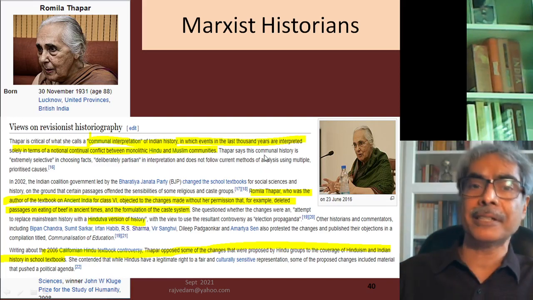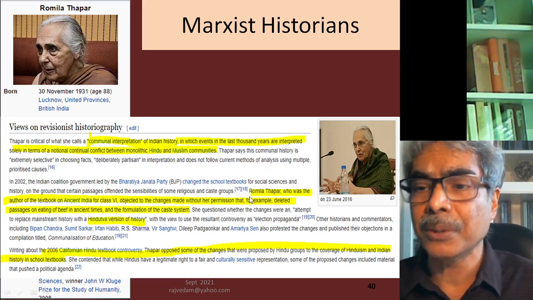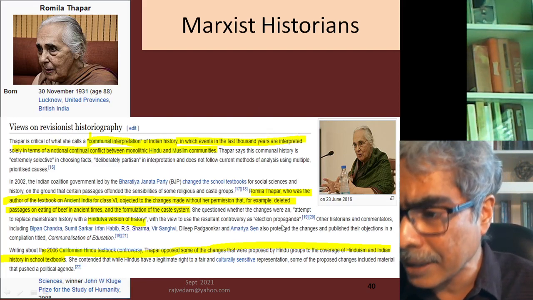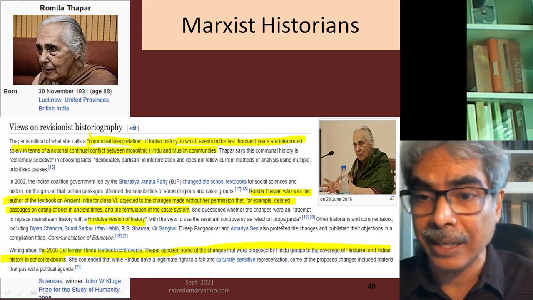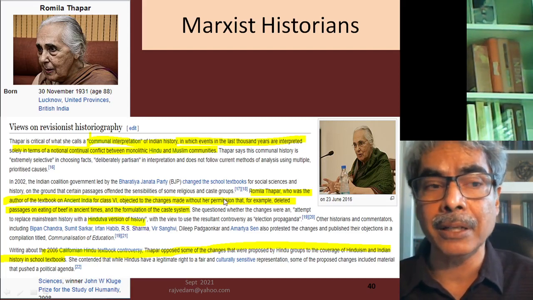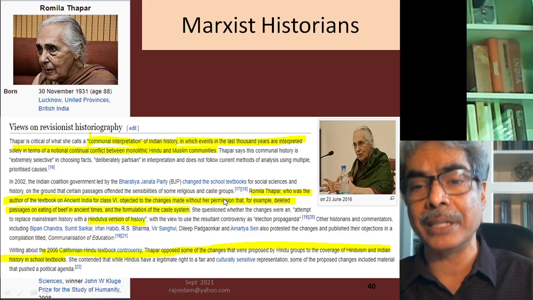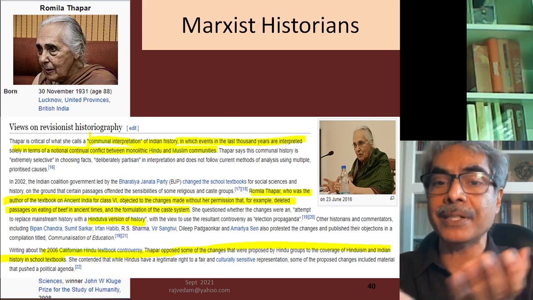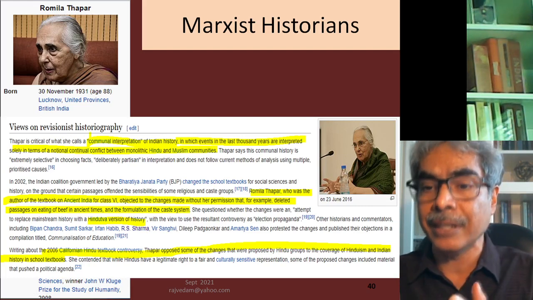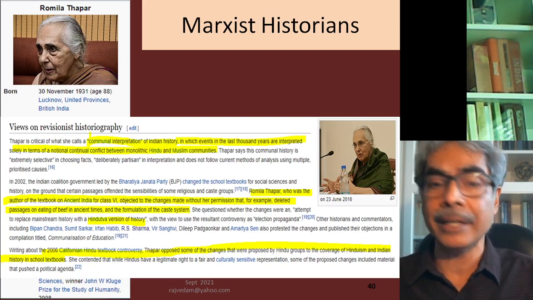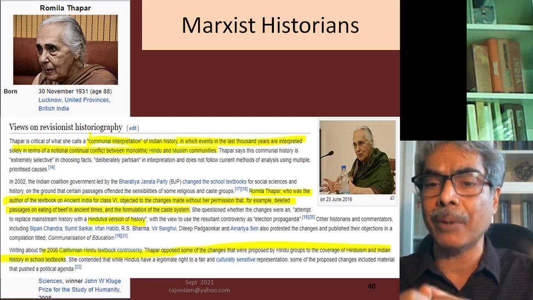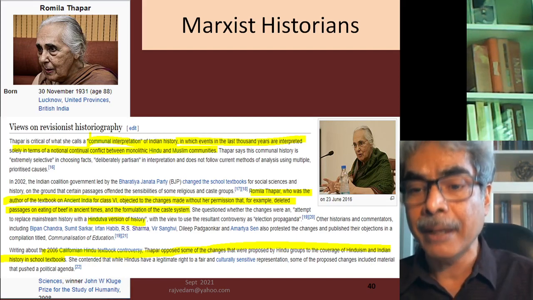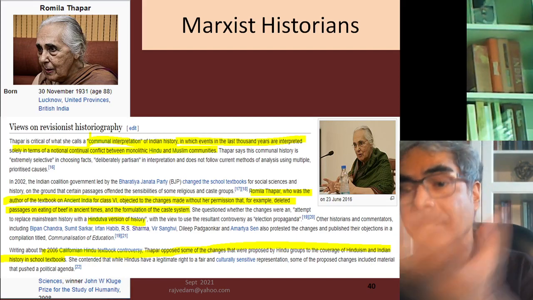Another famous Marxist historian is Romila Thapar. So she's well known for her way of looking at Indian history through the Marxist lens, which utterly distorts the social dynamics of India, brings in the conflict dynamics, the oppressor-oppressed kind of conflict dynamic is imported into India, and this kind of dynamic is used to describe all social interactions in history and in present times, mapping the present day perversions into the past.